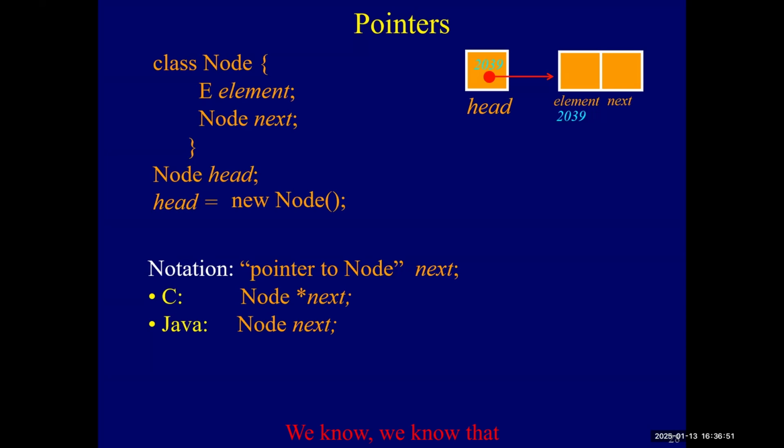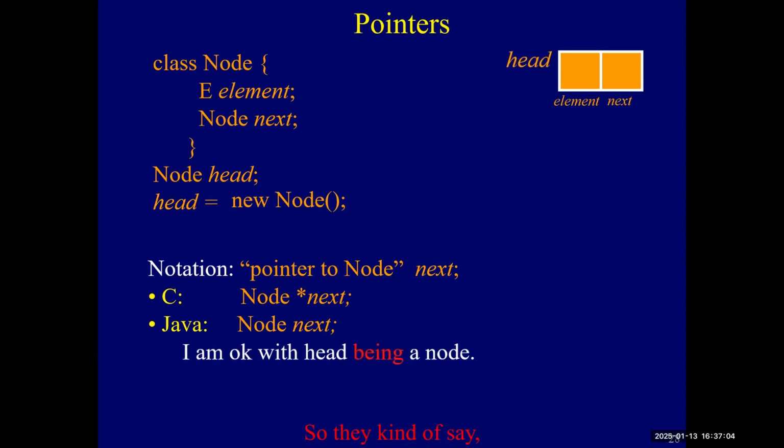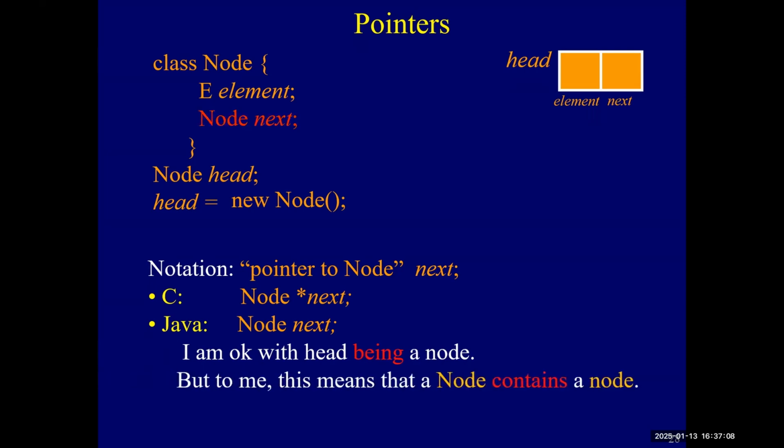We know that head's not actually a node. Head is a pointer to a node. To me that's a lie. So they kind of say head is that node. Maybe I'm okay with head being that node.